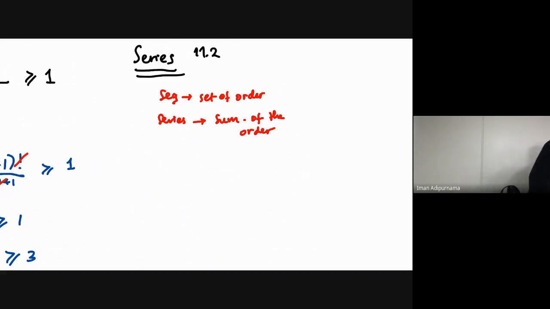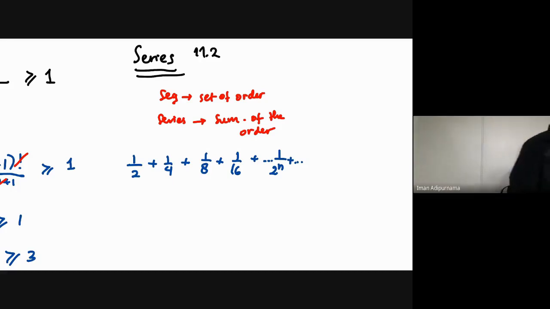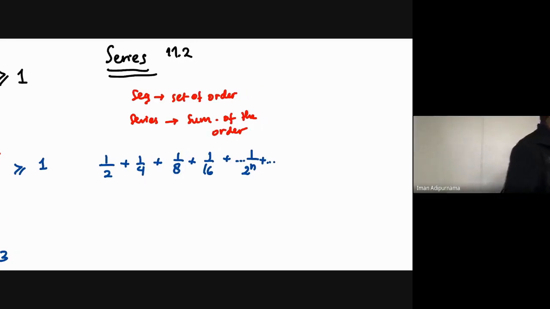For example, like the Zeno paradoxes, if we add all the halves, this is also a series if we enlarge n to infinity.